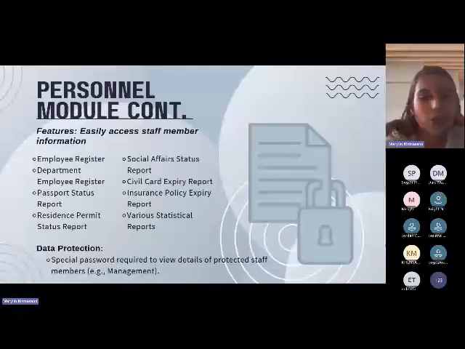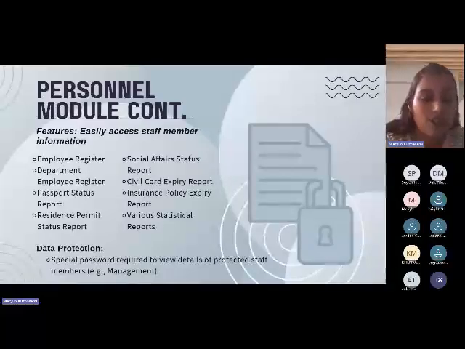So just to continue on that information, the features of the personnel module in a staff administrative system ensure that you have an employee register, you have a department register. So for each cost center or department in an organization, you know exactly who's in that department. We understand exactly what sort of role they fulfill, and we ensure that they are allocated to the right, for example, salary bracket, all of that.